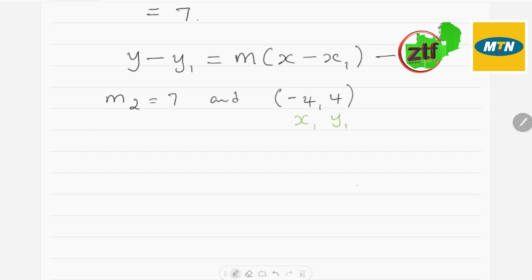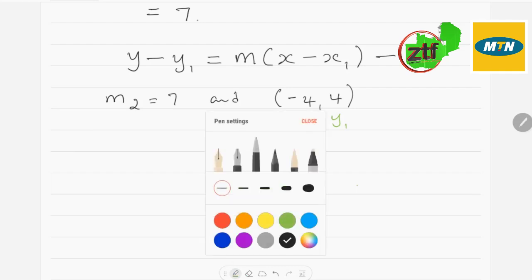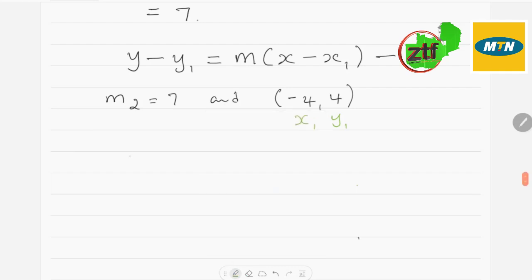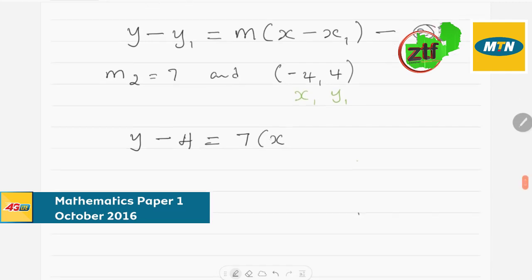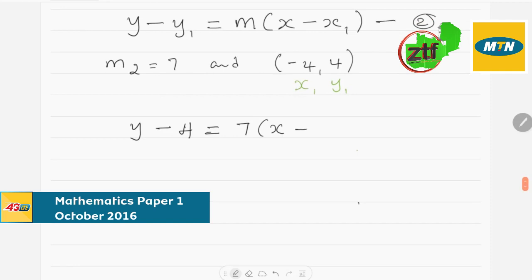Then substituting the points in equation 2, we get y minus the value of y1, which is positive 4, so you write 4 there, equals our gradient 7, then x, open bracket, x, then minus the value of x1, which is minus 4, so we have minus 4 close bracket.